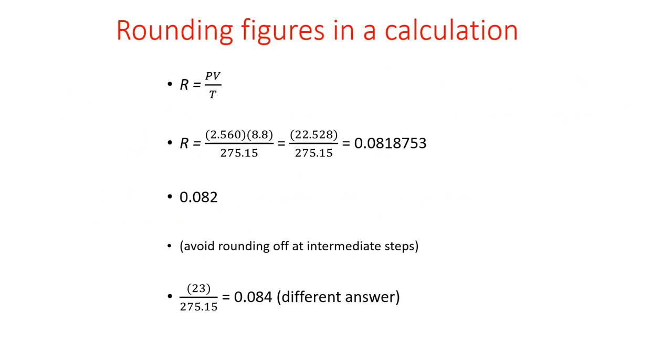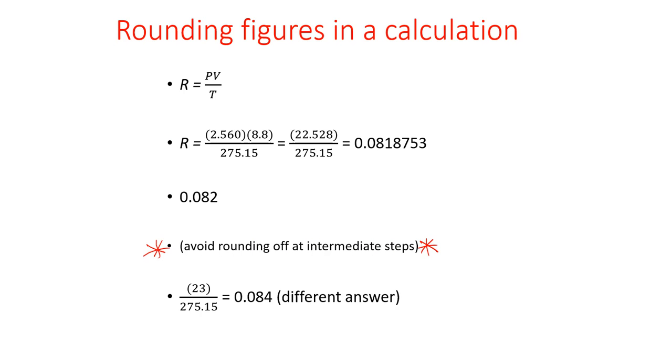When making your calculations, I can ask you to round off your answers to two significant figures or two decimal points. So the rule is, if you want to round off an answer, avoid rounding intermediates.